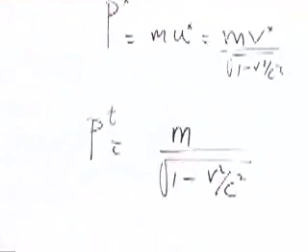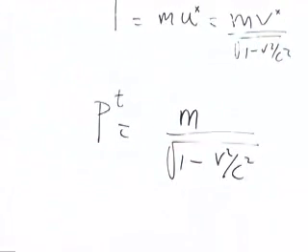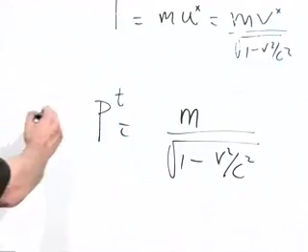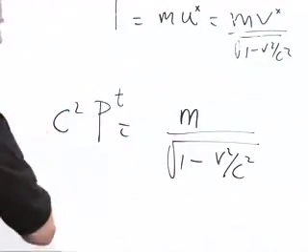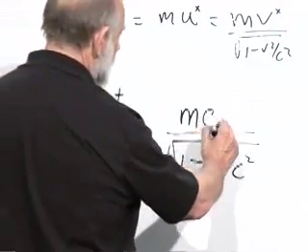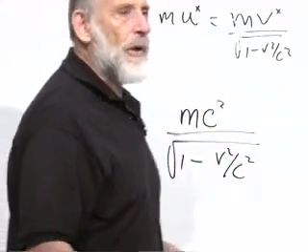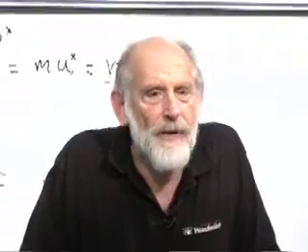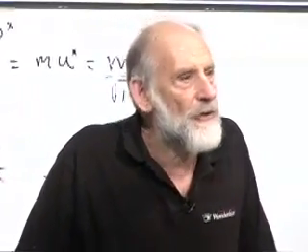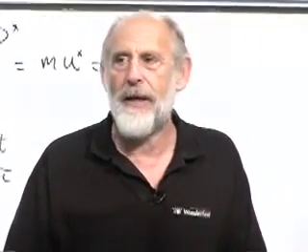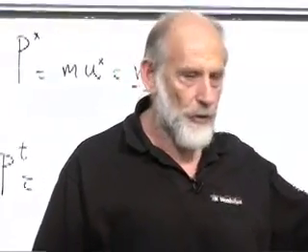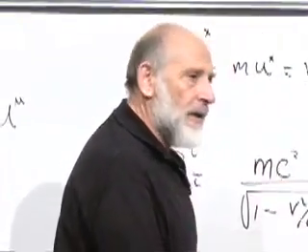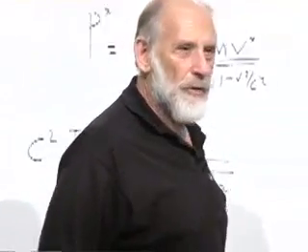Now, I lied to you a little bit. I said that pt is energy. It's not quite true. You have to multiply it by the speed of light squared to get energy. The main point is that it's conserved. Whether or not you multiply it by the speed of light squared is a matter of convention and a matter of making it consistent with older choices of units. Energy has certain units. What are the units of energy?